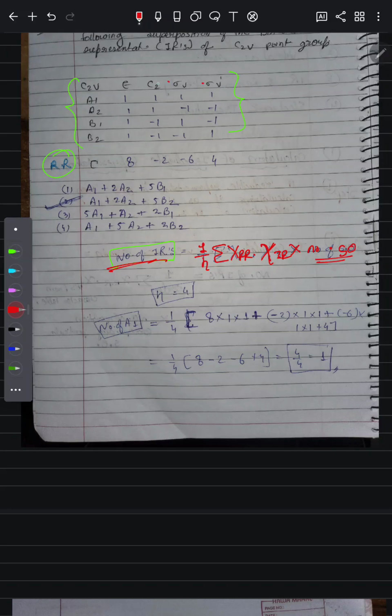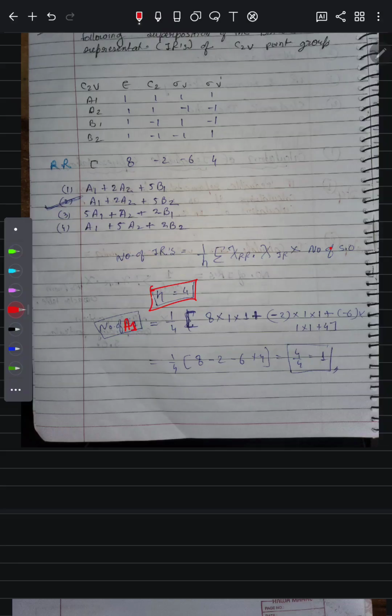So these are the symmetry operations, with the values given in front of them. Here we know that the order is 4. Why 4? Because 4 operations are present and no values are present in between them. So 4 symmetry operations are given, and 4 is the order.